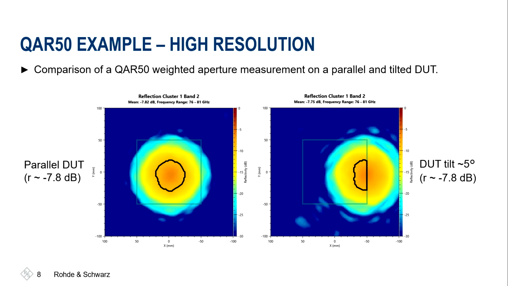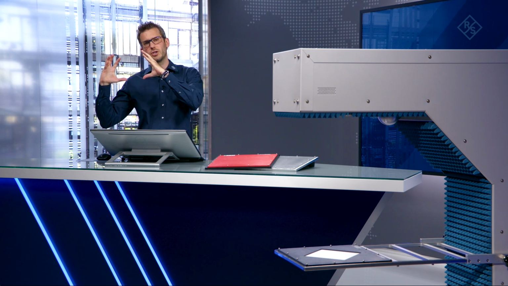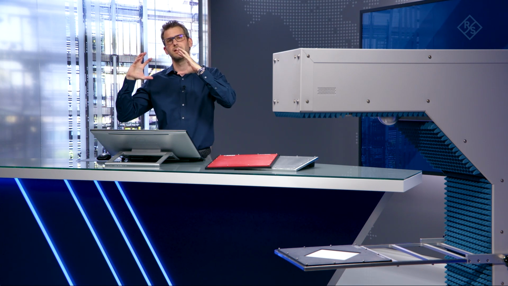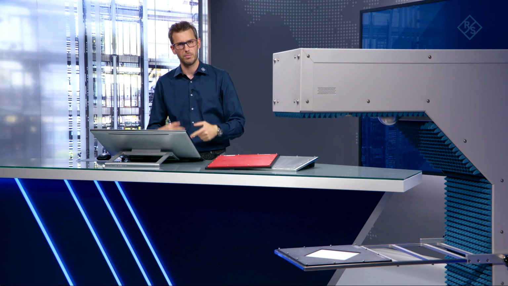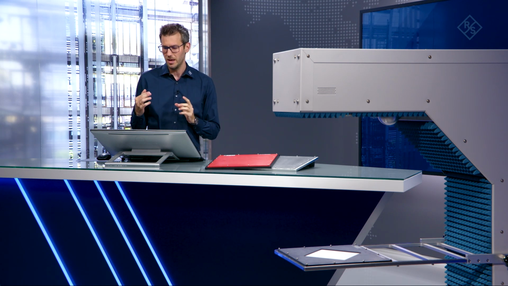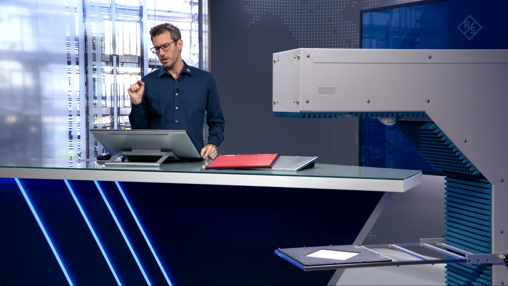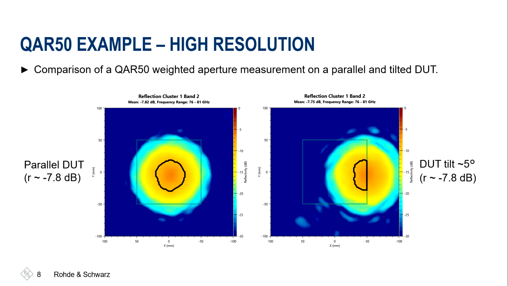And if we're looking on the right-hand side, you can see that the maximum of the reflection has shifted to the right. So that means the sample is tilted, in this example about 5 degrees. You can already optically see it. However, if we look at the result, we still have minus 7.8 dB reflectivity, even though we tilted the sample by 5 degrees.